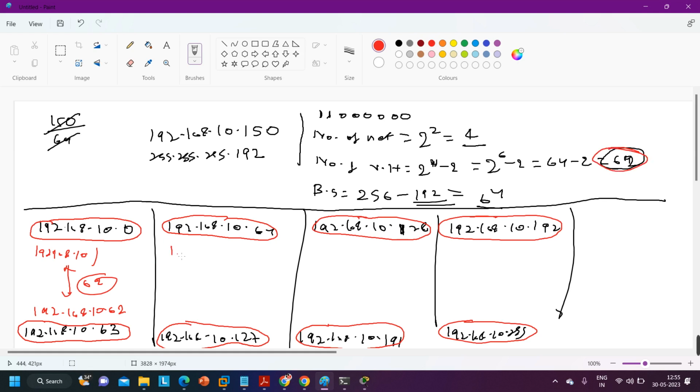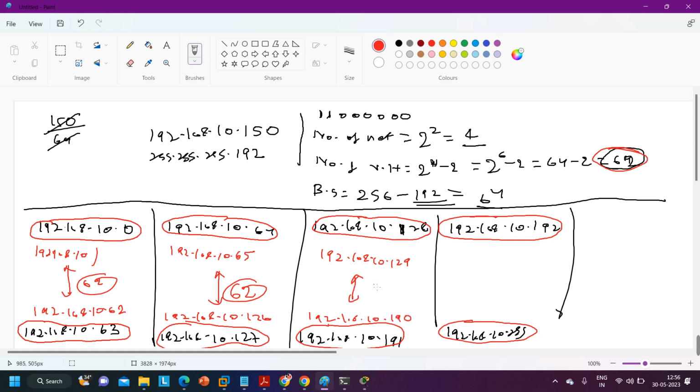In the same way, here the first valid IP address will be 192.168.10.65, and the last valid IP address will be 192.168.10.126. Here also we have 62 valid IP addresses. In the same way, for the next network, the first valid IP address is 192.168.10.129 and the last is 192.168.10.190.